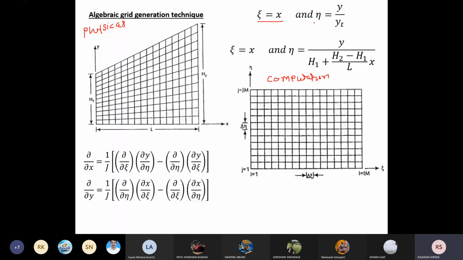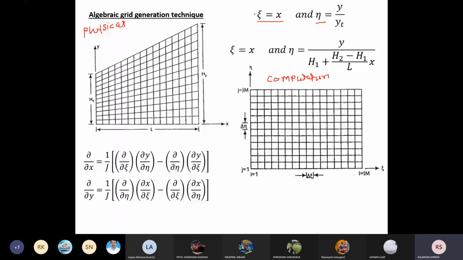Now yt is the upper boundary. It is not top grid point, it is upper boundary. And here the upper boundary is not constant, it is varying like this.